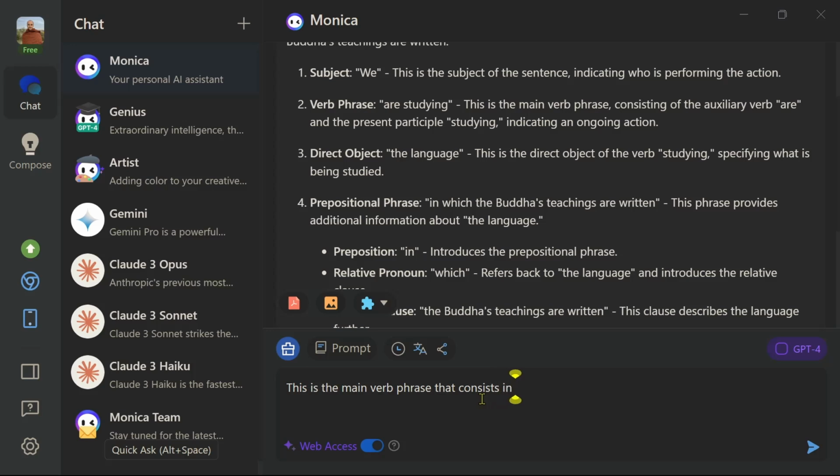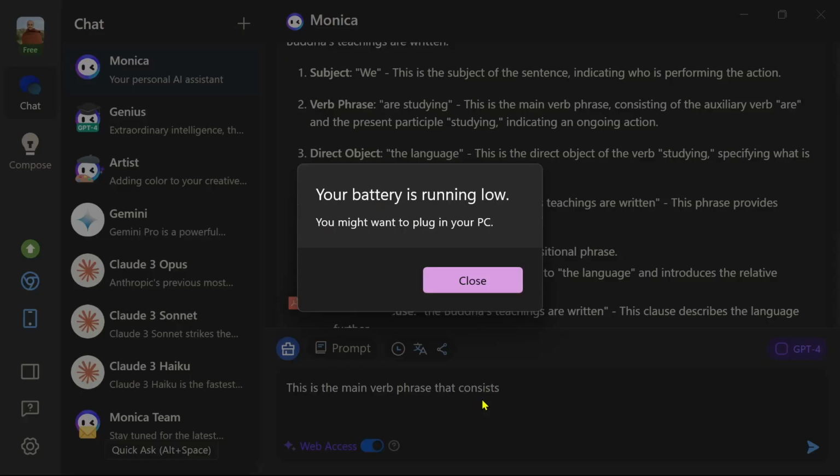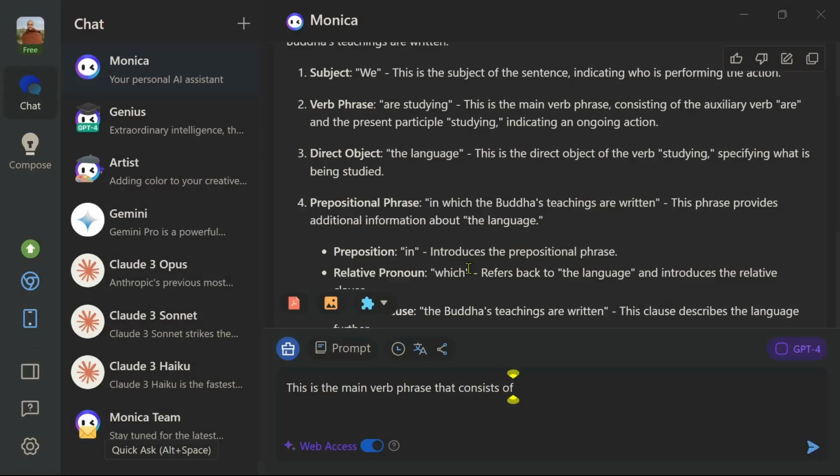Now you take a new subject: that consists of the auxiliary verb.